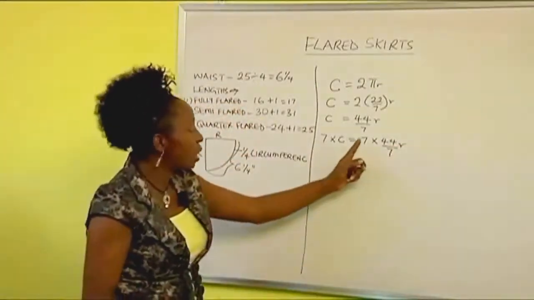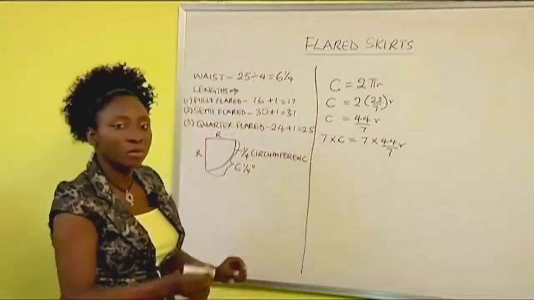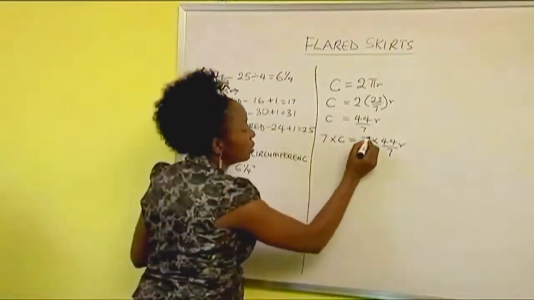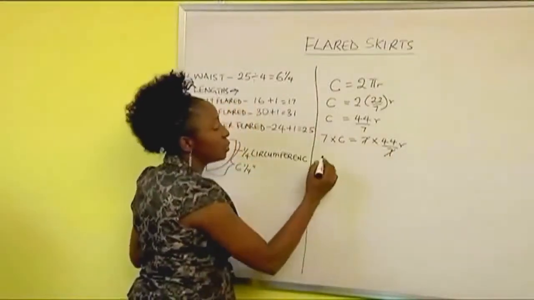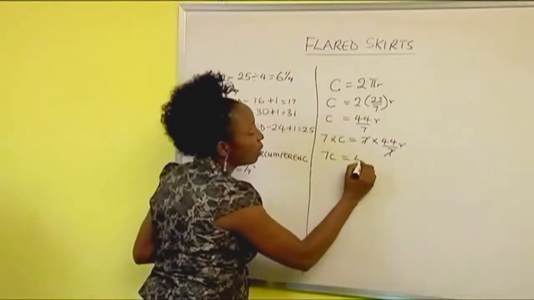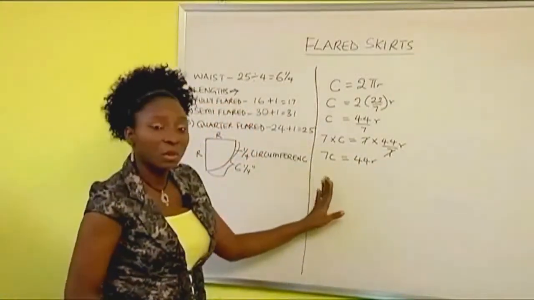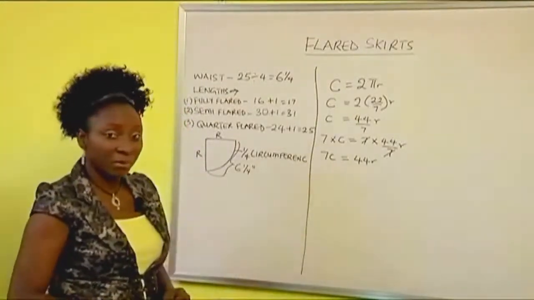In mathematics, once you have this, 7 will cross 7 out. So when you cross that out, what you're left with is 7C equals 44r. So you can see that we're very close to making r the subject of the formula.